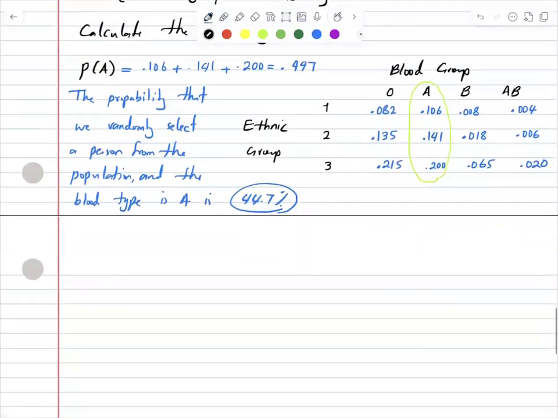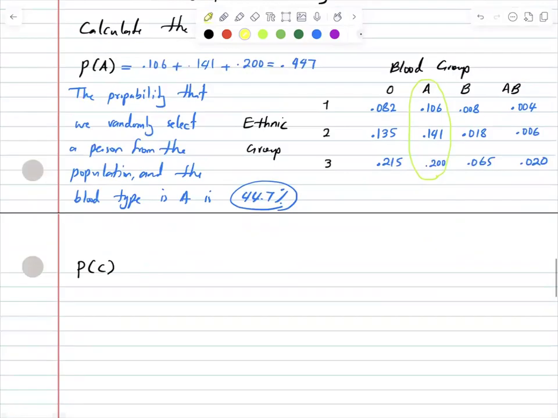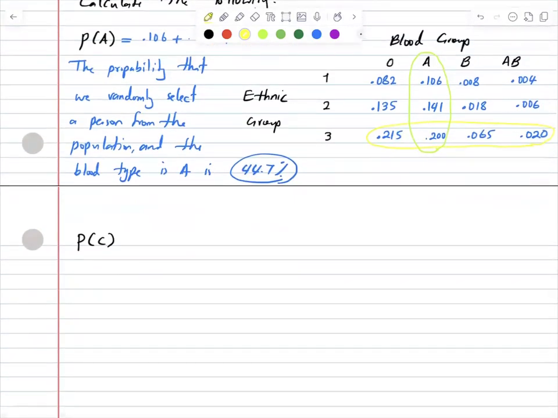Let's take a look at the next question. We want to calculate probability of C. What is the probability of C? And C is the ethnic group 3 is selected. Okay, ethnic group 3 is basically the last row that you have. What are you going to do? You're going to add all of these probabilities, these proportions together. So here you have 0.215 plus 0.200 plus 0.065 plus 0.020, which is going to be 0.500 or 50%.